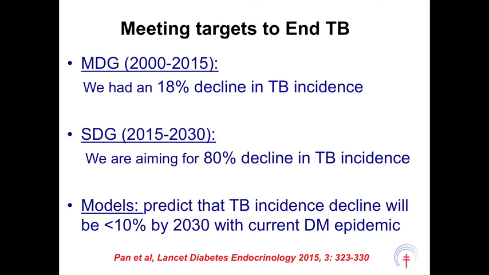So I take you back to these targets. Now, if we look at the MDG targets from 2000 to 2015, we had an 18% overall decline in TB incidence. Now, we've now set ourselves a fairly staggering target between now and 2030 of an 80% decline in TB incidence in the next 14 and a half years.